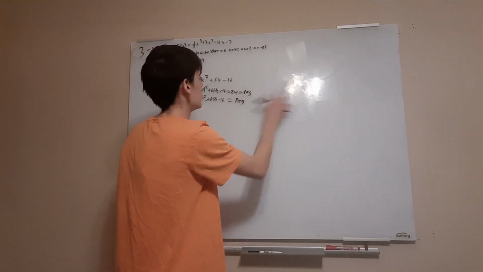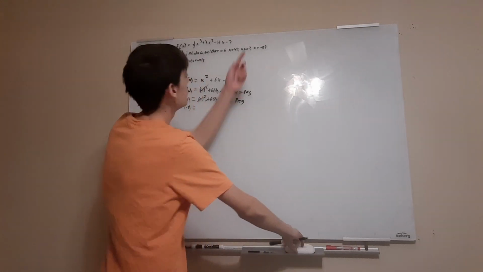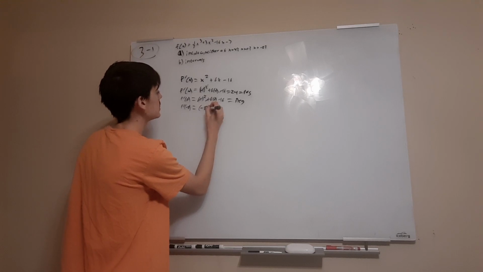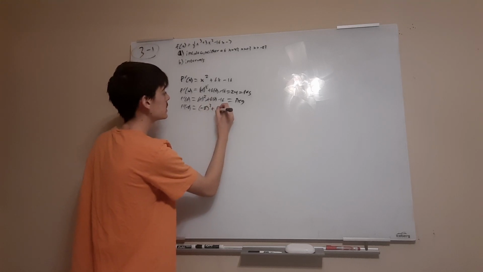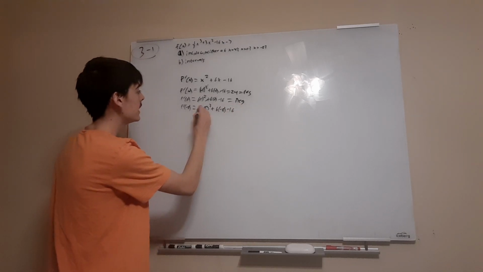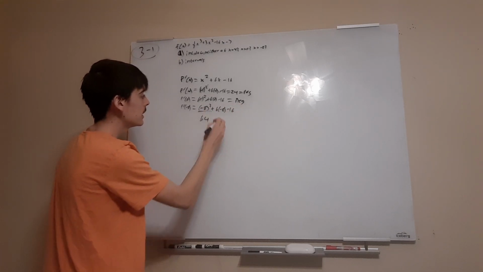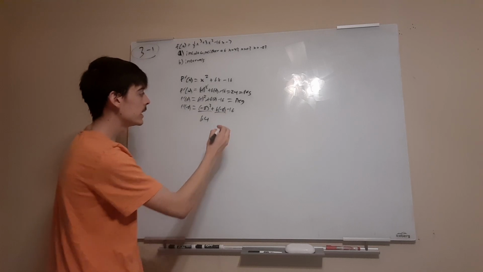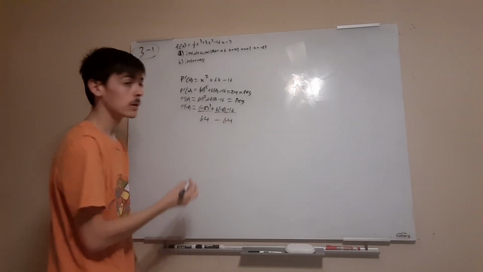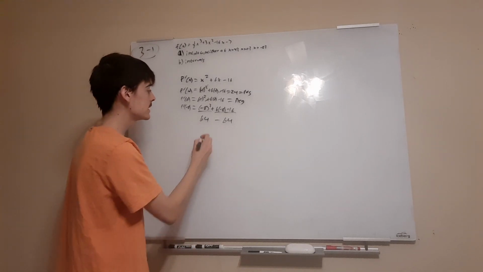And so lastly, we're going to do the same thing again, but with x equals negative 8. So plugging in negative 8, we will get negative 8 squared plus 6 times negative 8 minus 16. Now, negative 8 squared is going to give us 64. 6 times negative 8 is negative 48, but negative 48 minus 16 is actually going to be minus 64. So we're going to be left with 64 minus 64.